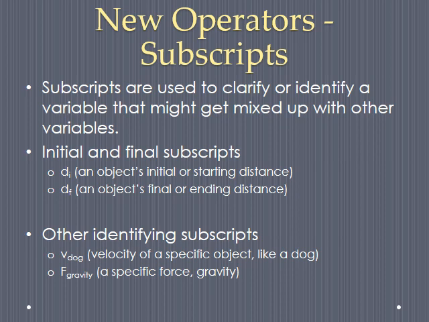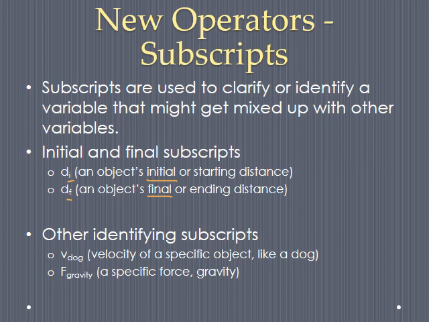Both of these are distances, so it's important to be able to clarify which one is the initial distance or starting distance and which one is the final or ending distance. So we use a little i to designate initial and a little tiny f to designate final.